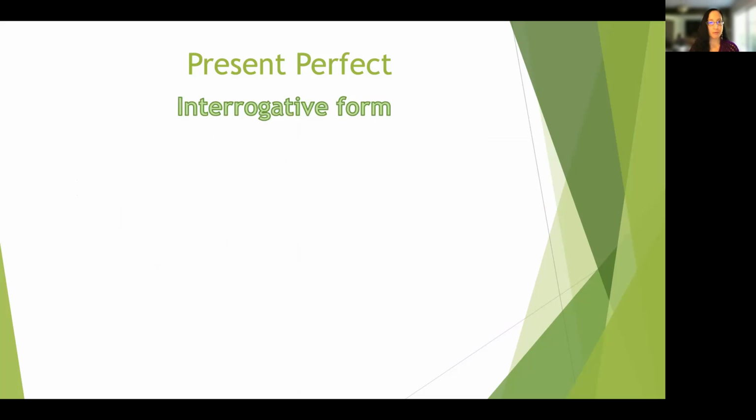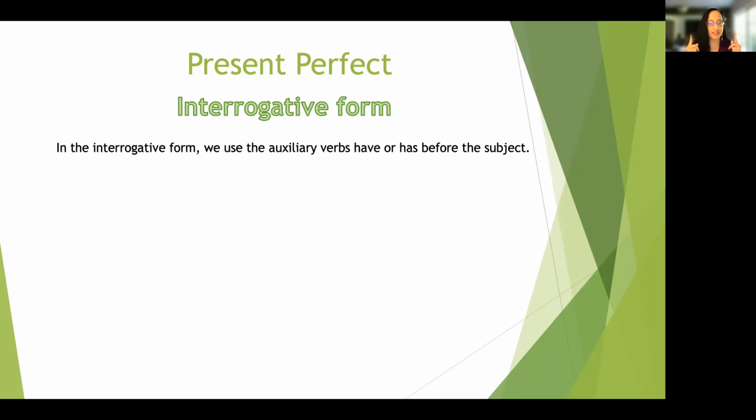The interrogative form. Do you remember what interrogative form was? Now, interrogative is the noun for the verb interrogate. What are we doing when we interrogate? Think detective. We question, okay? In the interrogative form, we use the auxiliary verbs have or has before the subject.